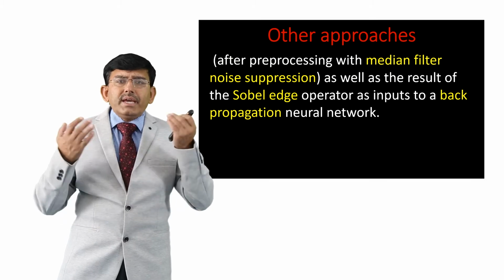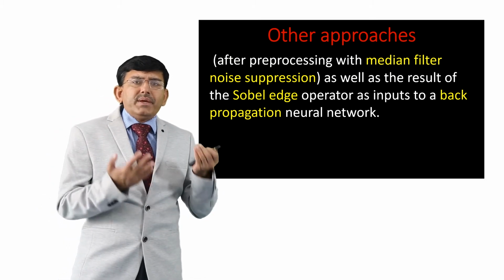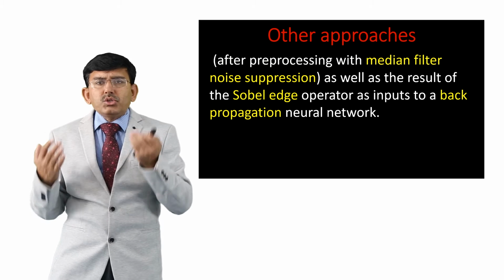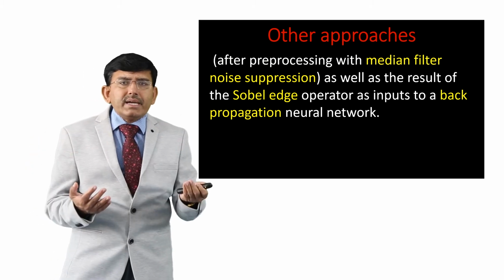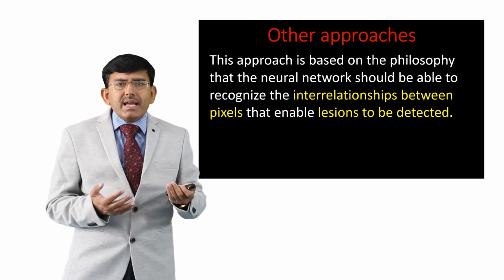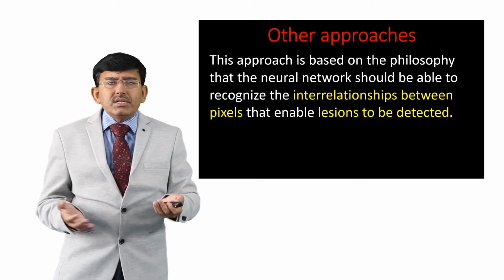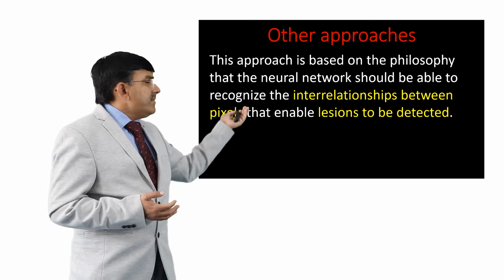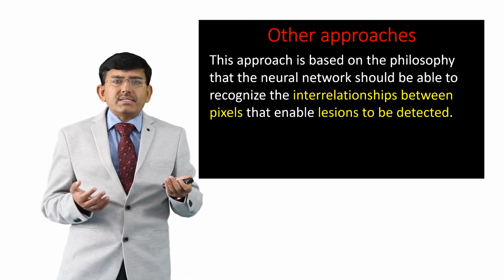This approach is based on the philosophy that a neural network should be able to recognize the interrelationship between pixels that enables lesions to be detected in those sets of images.